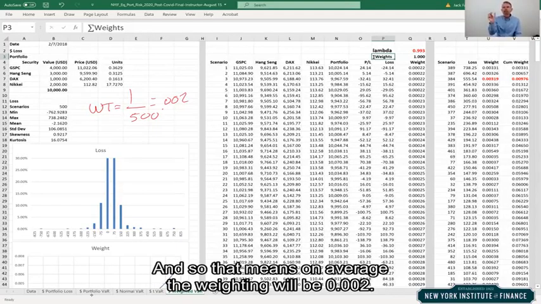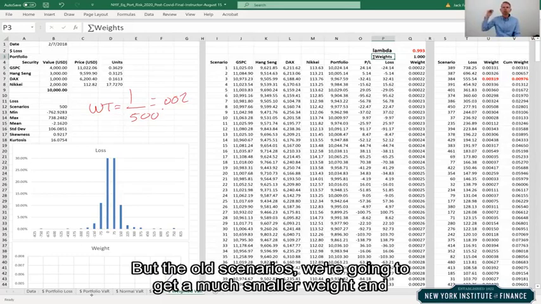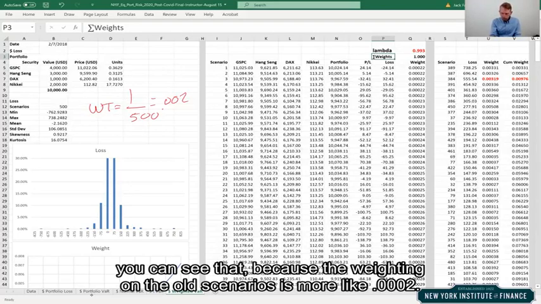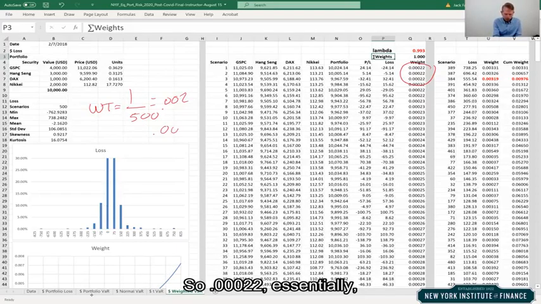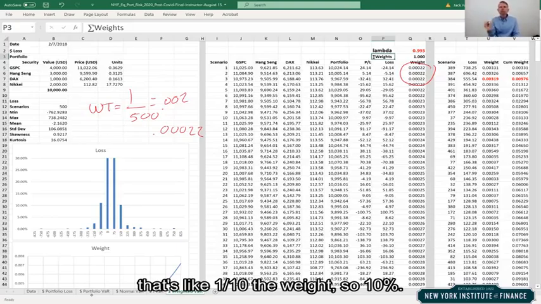And so that means on average, the weighting will be 0.002, but the old scenarios are going to get a much smaller weight. And you can see that because the weighting on the old scenarios is more like 0.00022. And essentially that's like 1/10 the weight.